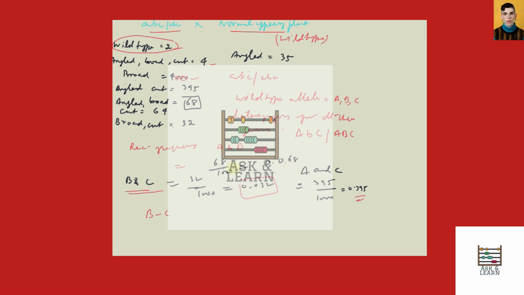So the A allele is closest to B than to C. So A will be here, then B, and then C, because A and C are farthest apart because of the highest recombination frequency, which means their distance is more between each other, which makes the order of the alleles A, B, and C.